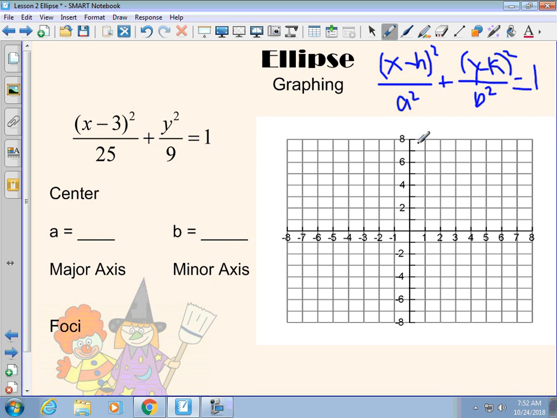Now I chose to put the A squared here underneath the X because I saw that my bigger number was 25 and that it was underneath X. Okay, so this is a horizontal ellipse.